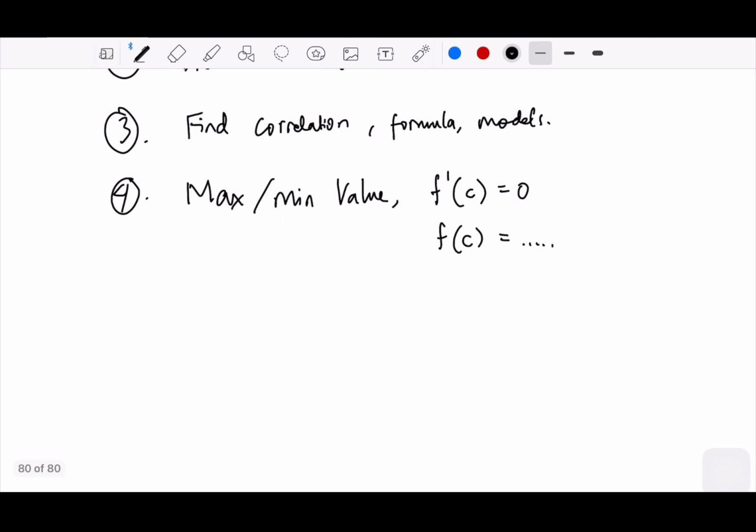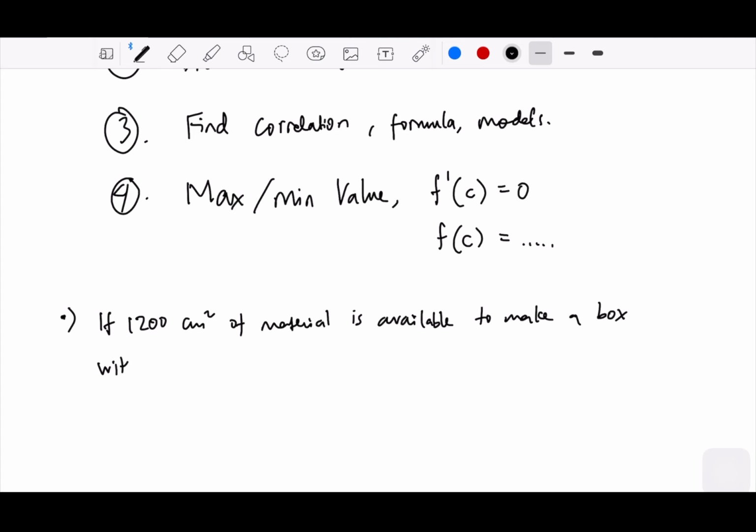So for example, let me just give you a quick question. If 1,200 centimeter squared of material is available to make a box with a square base and open top.